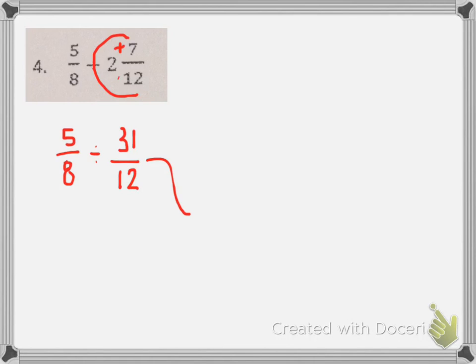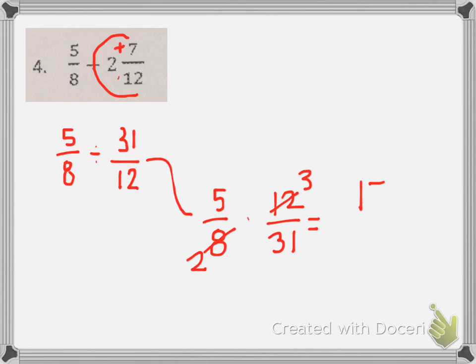I can't do that because it's division by a fraction, so I'm going to rewrite it. 5/8 times the reciprocal. And then, again, 4 goes into 8 2 times, and 4 goes into 12 3 times. So my answer is 5 times 3, 15, over 31 times 2, 62, and that's my answer.